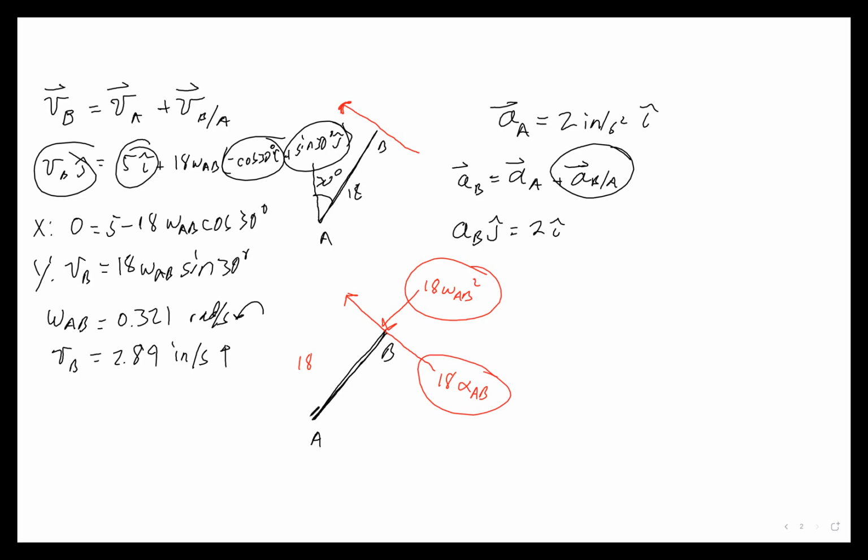All right, we do know that we have a 30-degree angle. So that means that the equation is going to be those two terms added together. So what do we write? We go 18 and then alpha AB. So this is the tangential term, but the tangential term is at an angle.